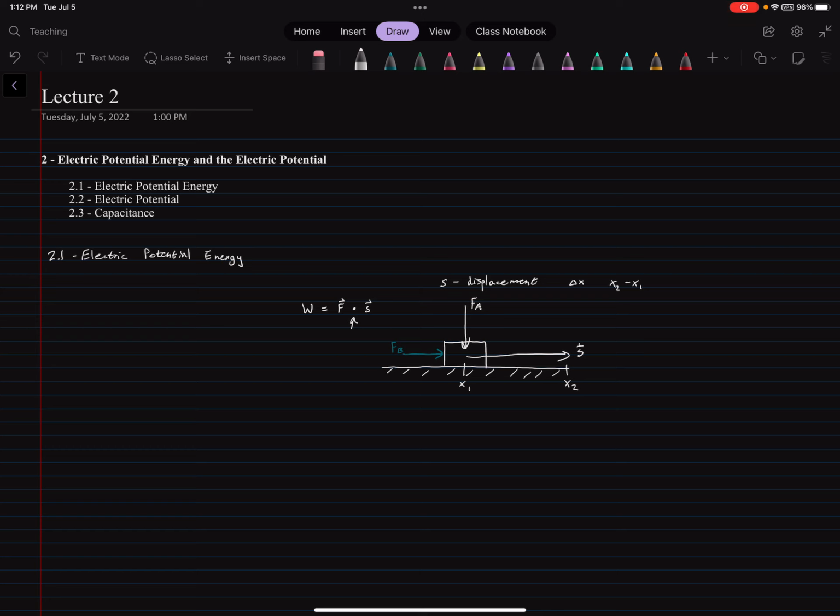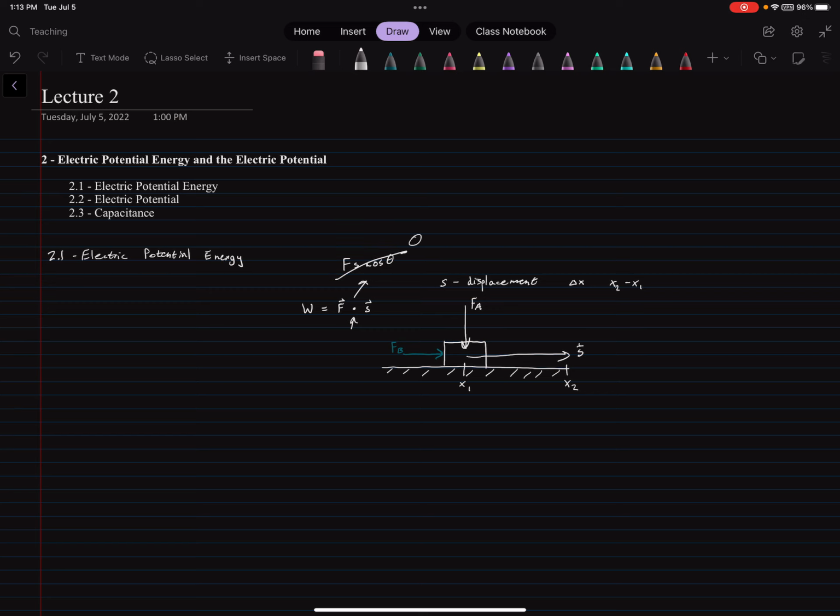And so the angle between them would be 0, and the dot product would become just F times S, its full amount. And if you were to talk about FA, person A here, the angle between the FA vector and the displacement vector is 90 degrees, right? So the dot product would be FS times the cosine of the angle between. Cosine of 90 degrees is 0, and so no contribution from person A.